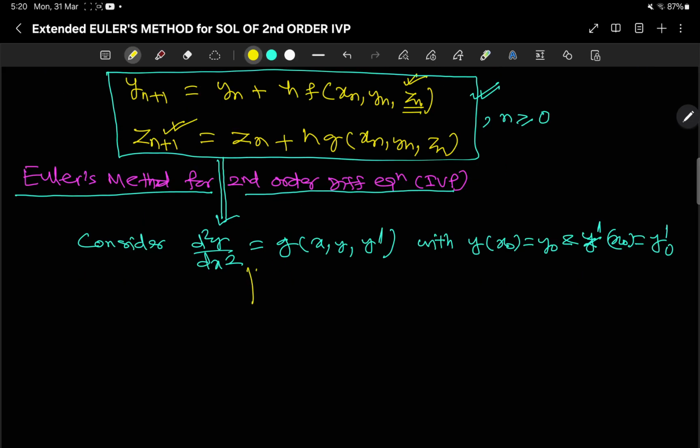Now what we do, we put y' equal to z and convert it into a pair of equations.